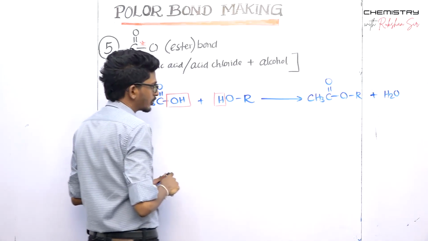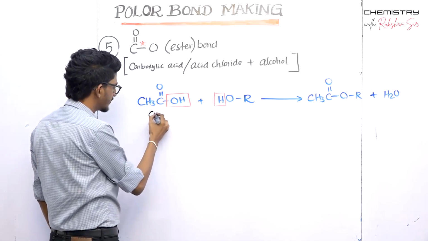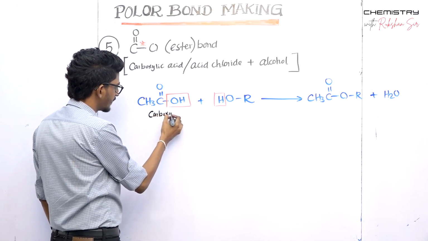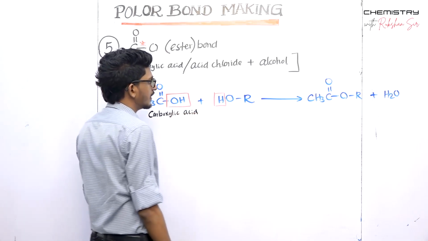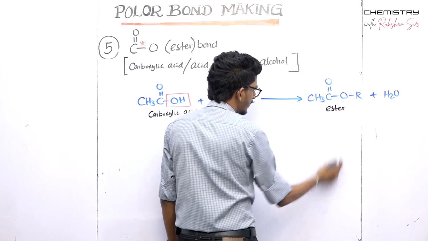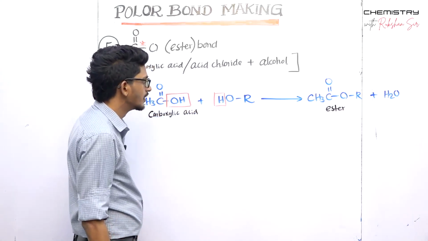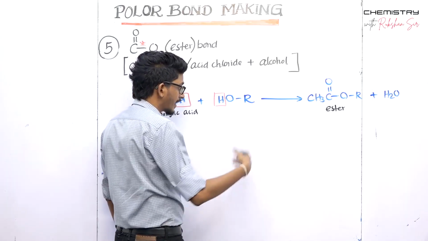To do this process with a carboxylic acid, if you are supposed to create this ester, you need to add a catalyst.